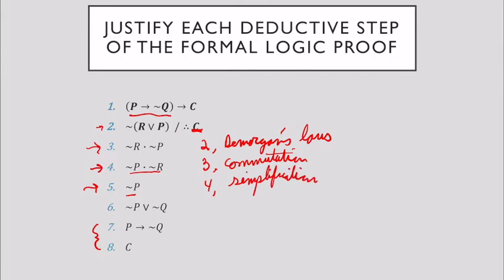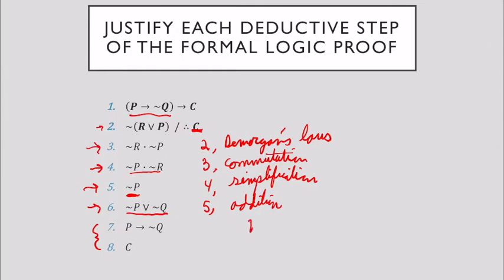Next, I somehow go from not P to not P or not Q. That's an example of addition, right? I can add whatever I want. I can even add a negation. Now we use rule 16 for implication, right?